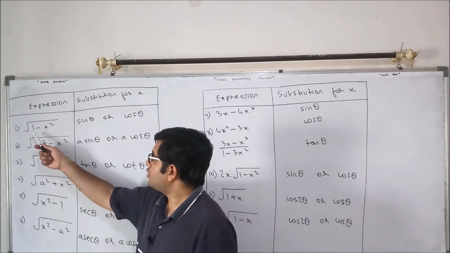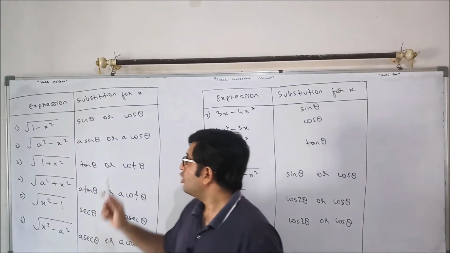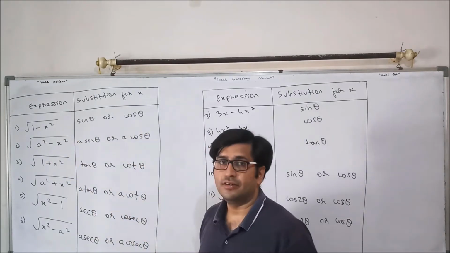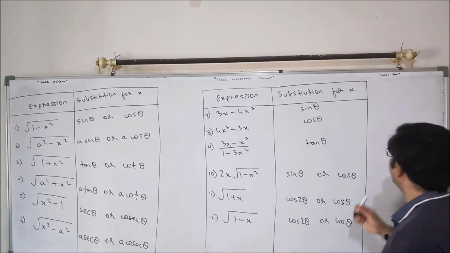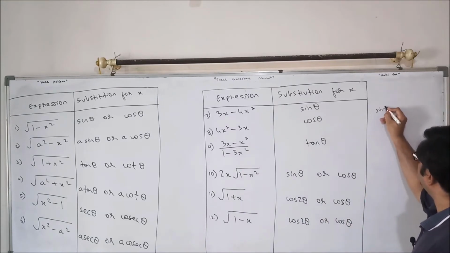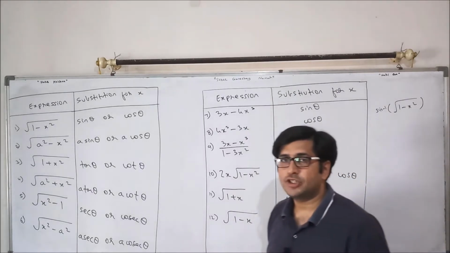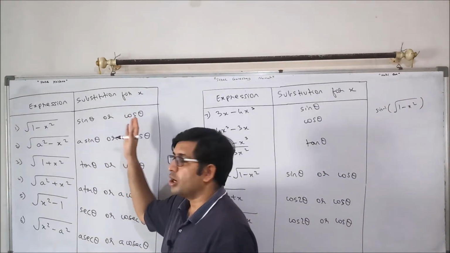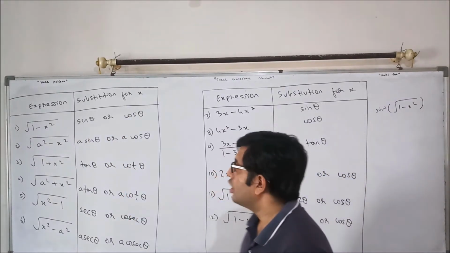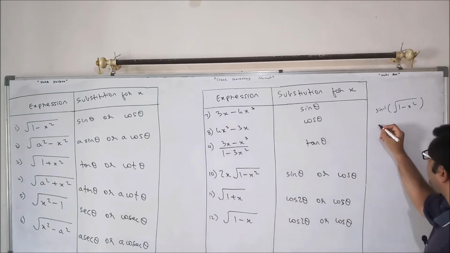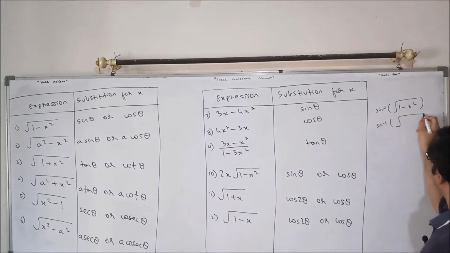Now suppose you have a term root of 1 minus x square, then we will put sin theta or cos theta. The reason, I'll show you with the help of an example. Suppose we have a sum sin inverse of root of 1 minus x square, and you know the substitution that we are going to put: sin theta or cos theta in place of x. So if we choose cos theta, we get sin inverse of root of 1 minus cos square theta.